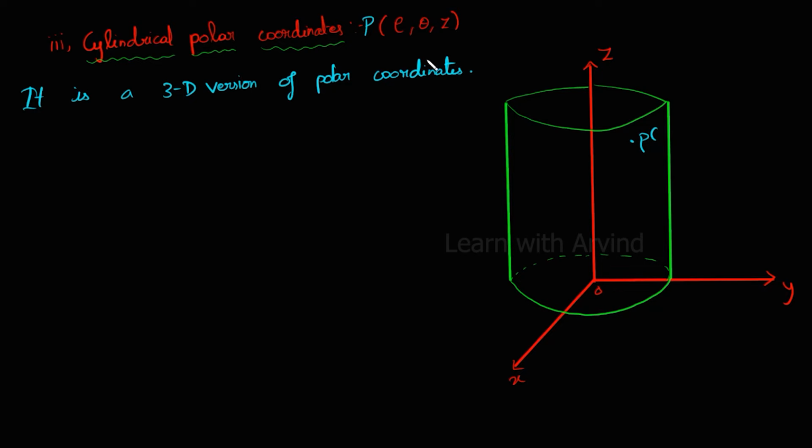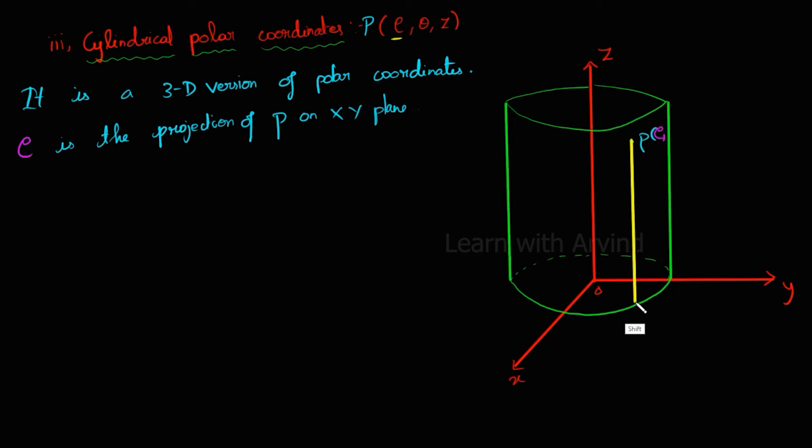First we will be looking at the first coordinate, which is rho. This rho is nothing but the projection of P along the xy plane. We are projecting P along the xy plane, so it is the length of the projection of P on the xy plane.